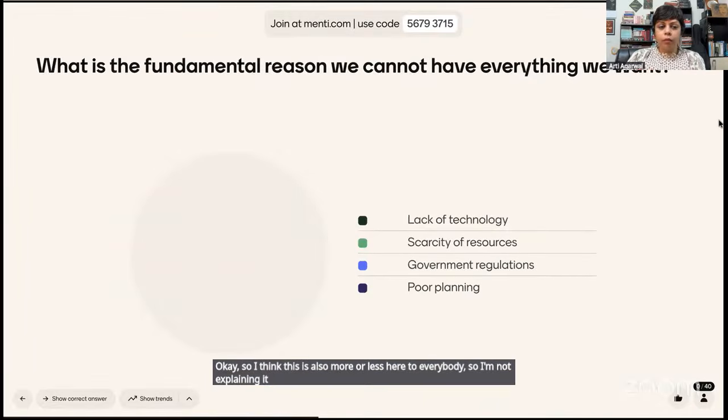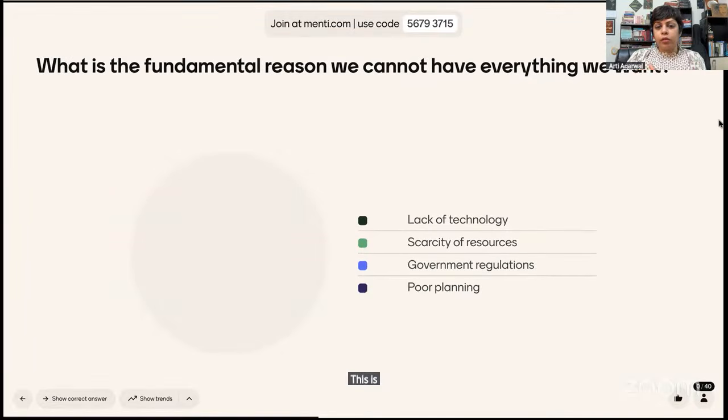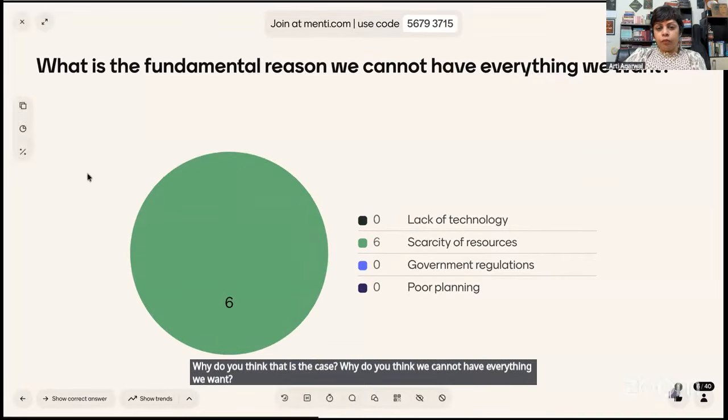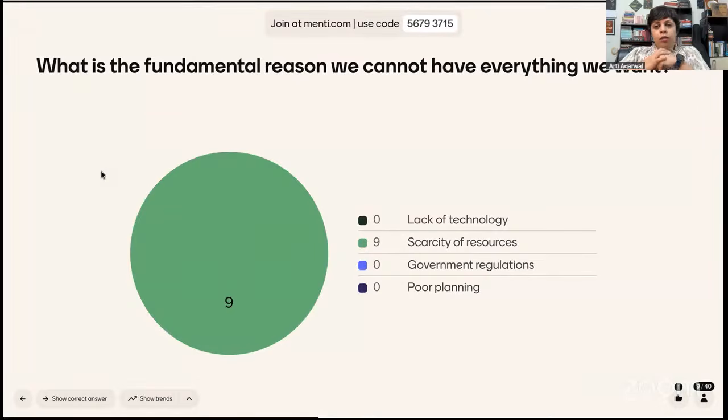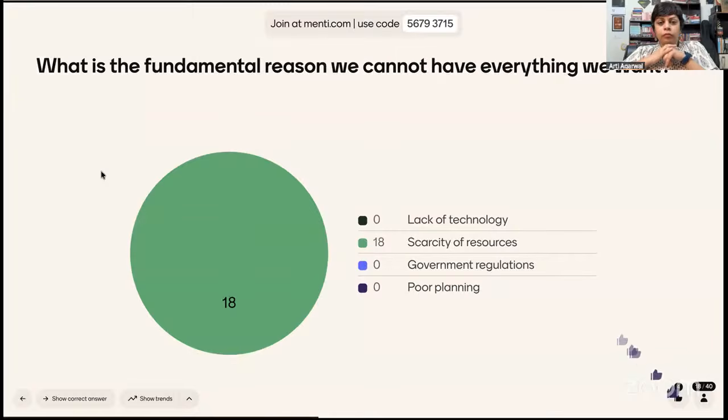And this is a very fundamental question about all of economics. Why do you think we cannot have everything we want? Right.